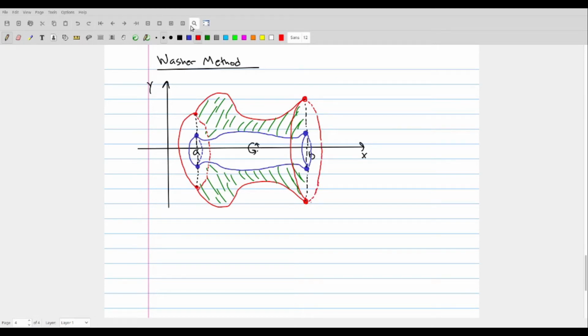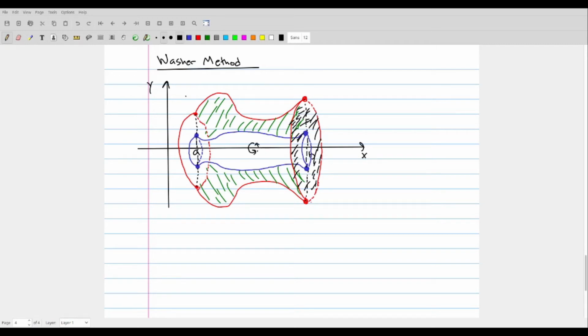And so now hopefully you can see why this is called the washer method. If you consider the space in between, the cross-sectional area of the shape that you get when you do this is exactly a washer.